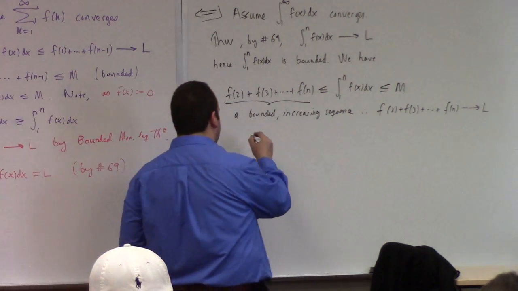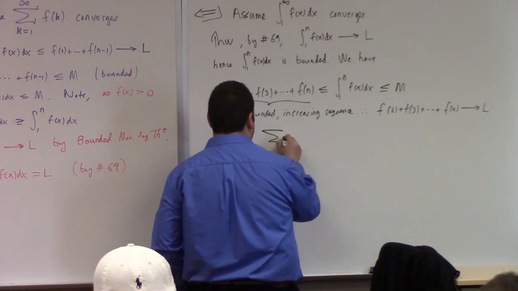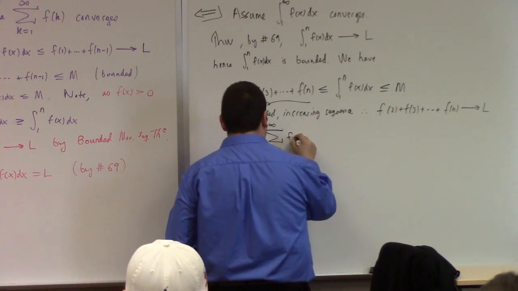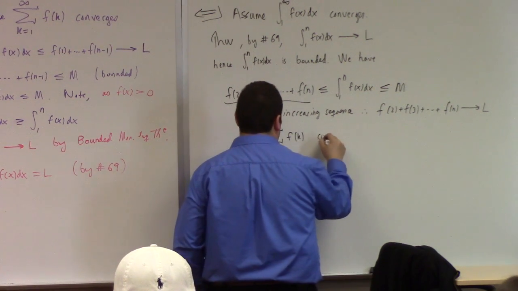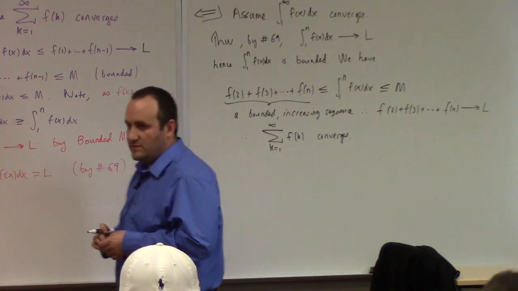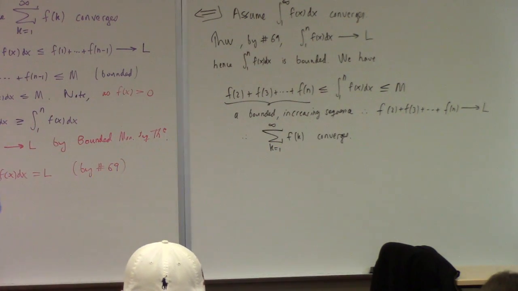So therefore, the sum from k equals 1 to infinity of f of k converges. And so there you go. We have shown that if the integral converges, the series converges, and vice versa.